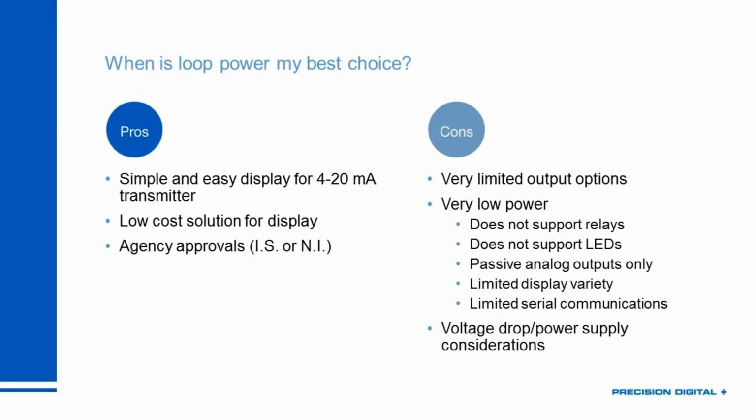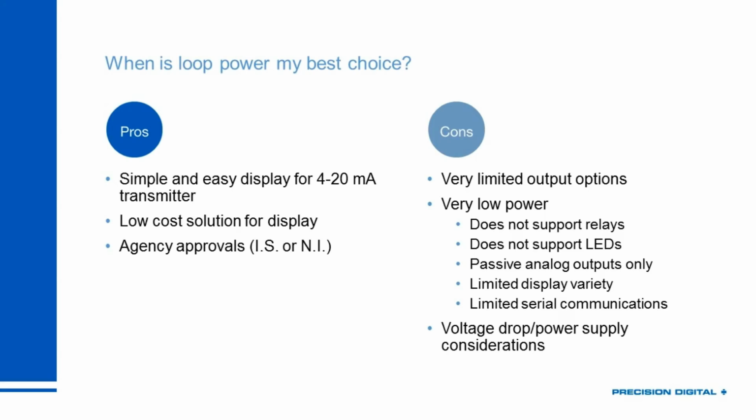And then you've got limited serial communications. Now I know someone will mention HART, and that's true. LoopPowered devices can work with HART. But once you're out of the world of HART communications, you start being extremely limited, because all of that high-speed communication is going to require a lot of power. Then there's the voltage drop and power supply considerations.